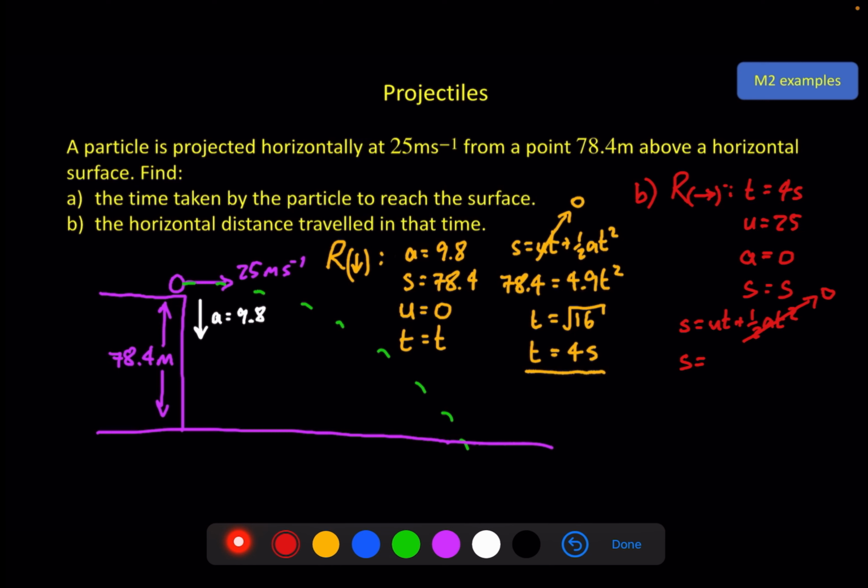And in this case, the velocity 25, the time 4, gives us a nice round 100 meters for the distance travelled horizontally. So that's from here to here, 100 meters. That's it for our first example.